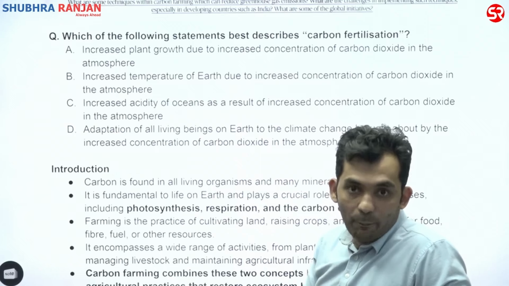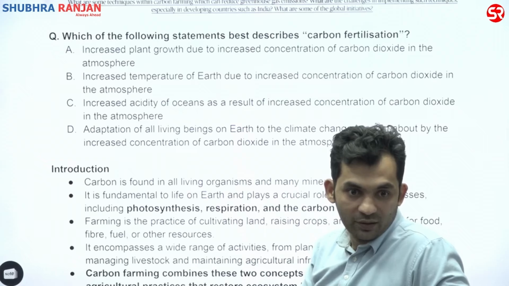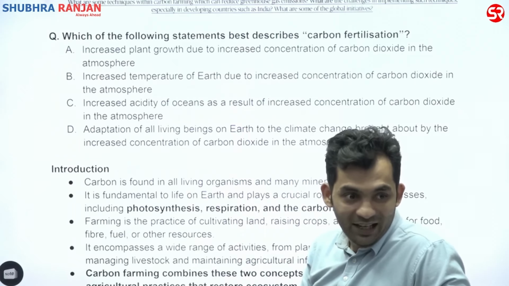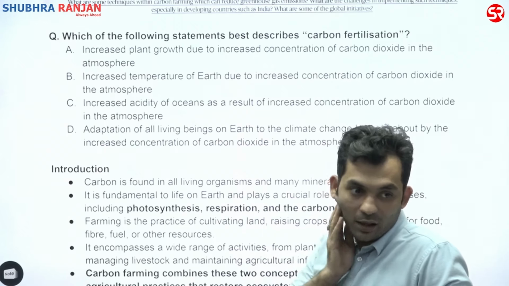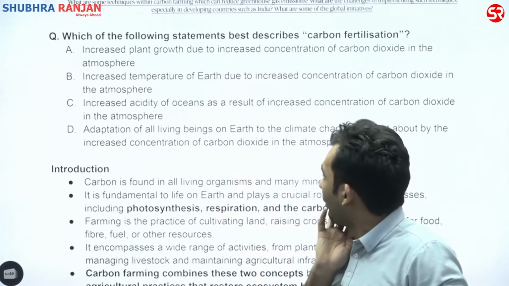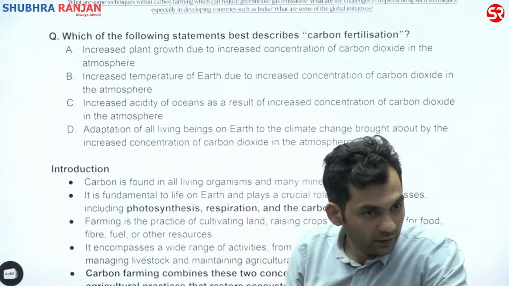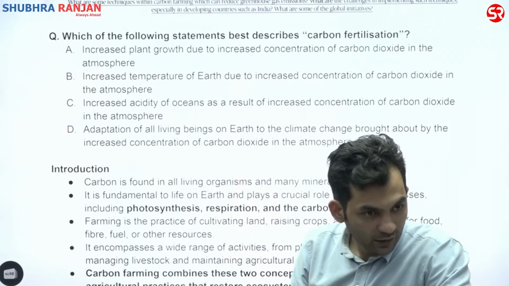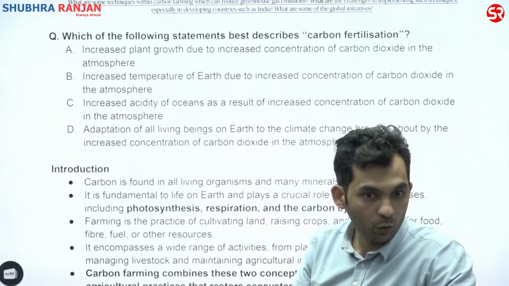Also, write further, mention some of the initiatives taken at the national and international level for carbon farming, right? You'll write this question. So this becomes important, not only from the prelims point of view, but also from the point of view of mains.